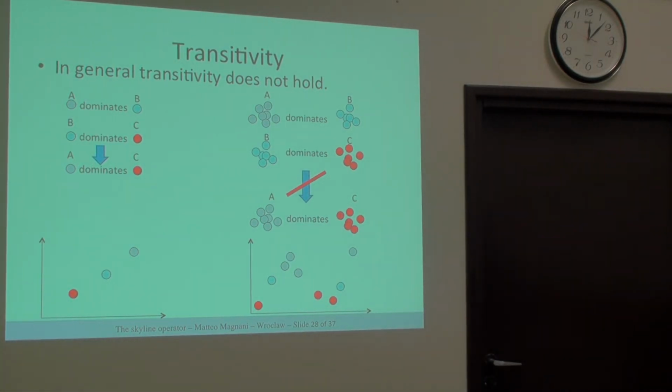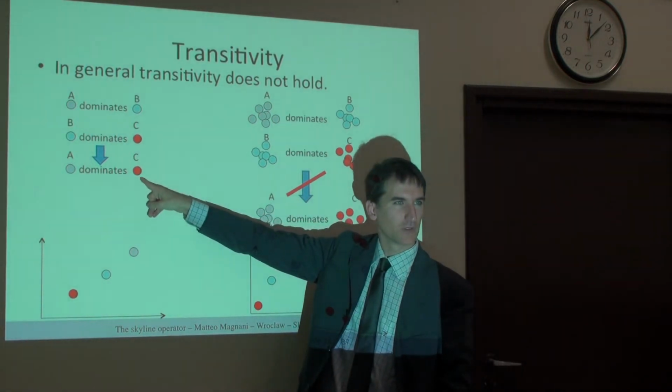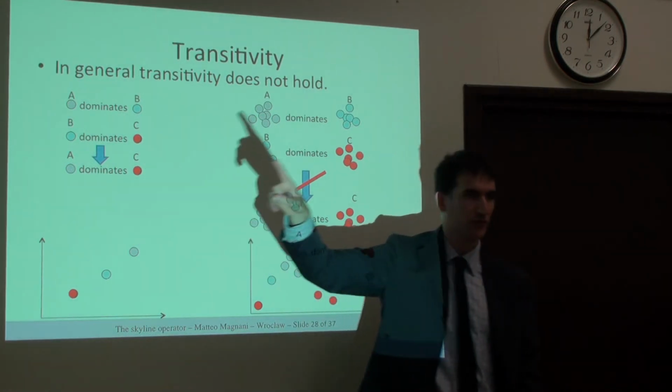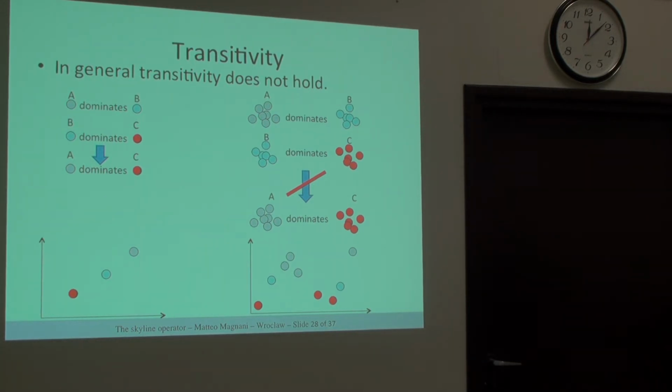Why is this not just theoretically interesting? This is extremely important from an optimization point of view, because when we compute algorithms, we compute the skyline. Of course, transitivity is fundamental to prune away options. Assume that I take these two records from the database.